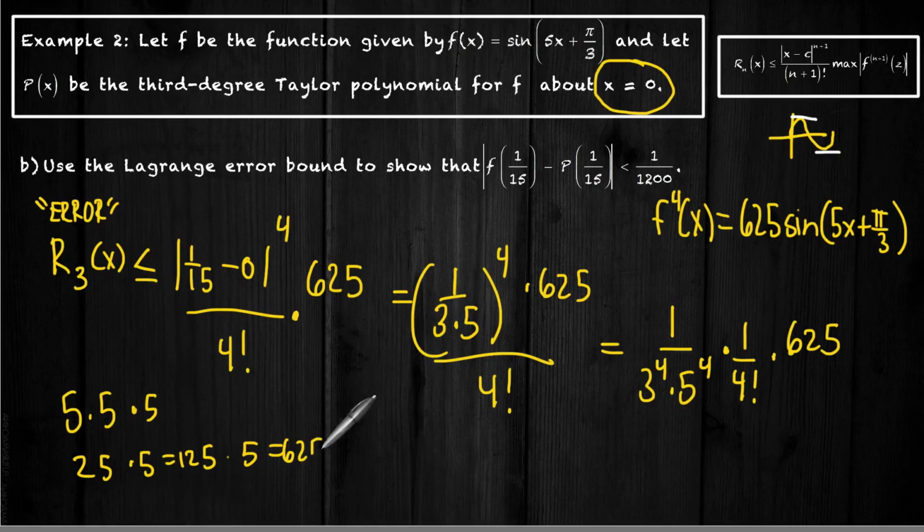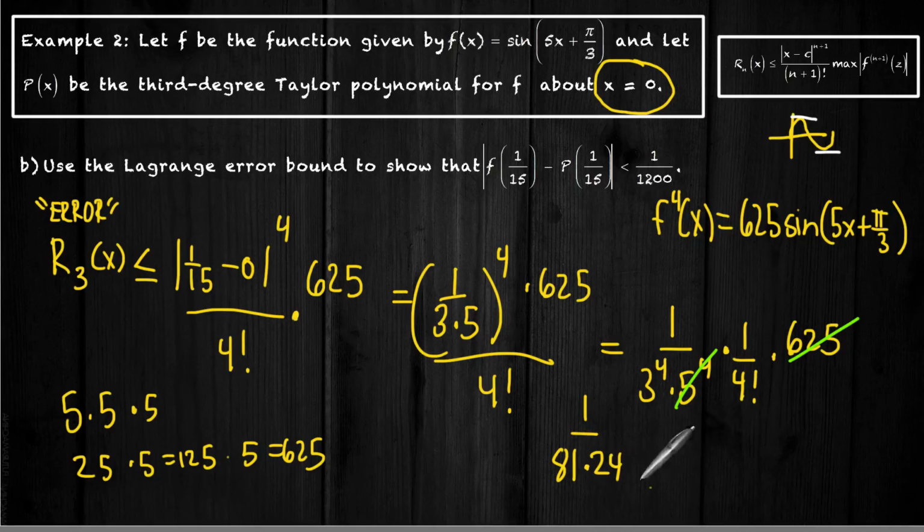So we can recognize that 5 to the 4th is 625, and that cancels with the 625. And then 3 to the 4th is 81. So we essentially have 1 over 81 times 1 over 4 factorial, 4 times 3 times 2 times 1, which is 24.